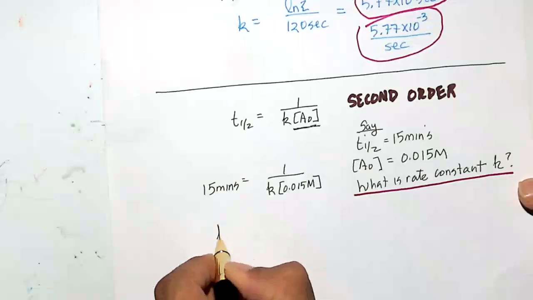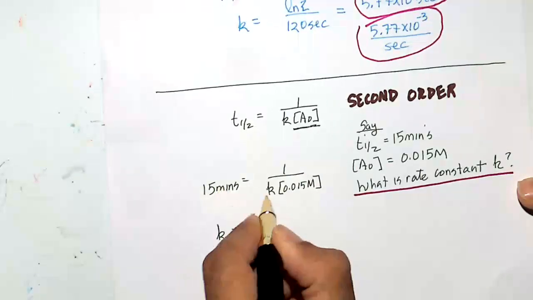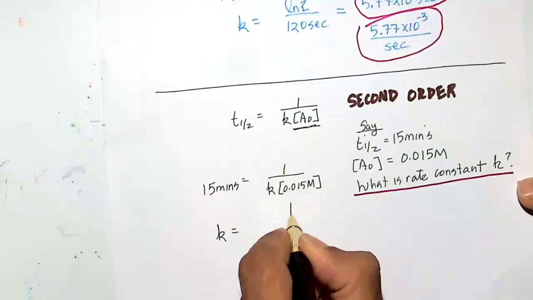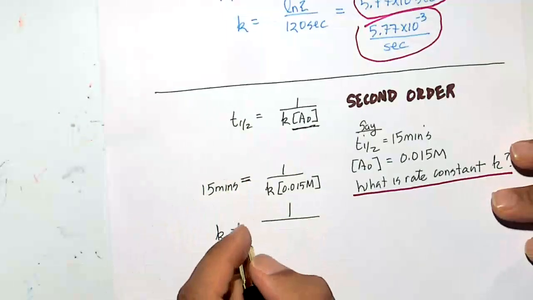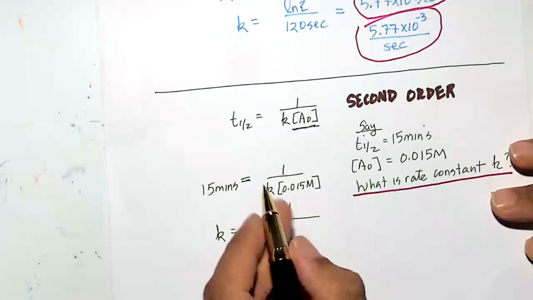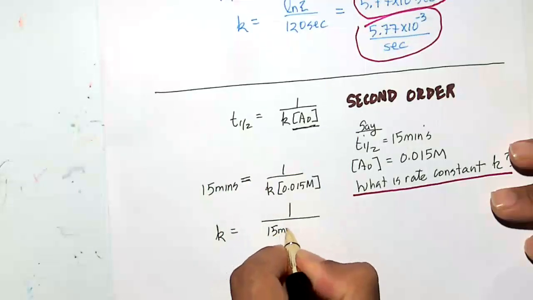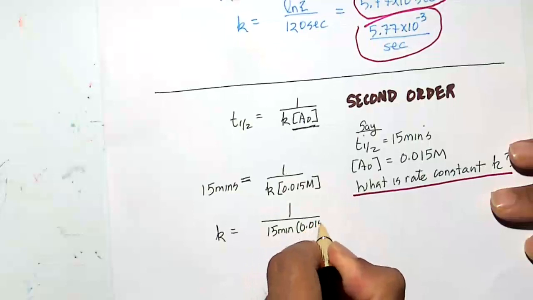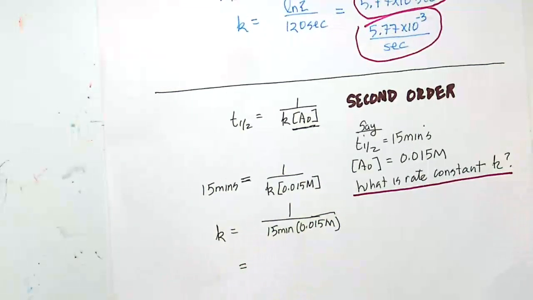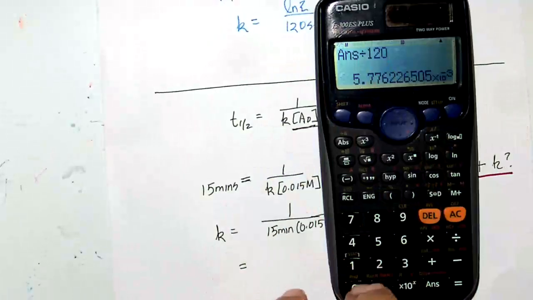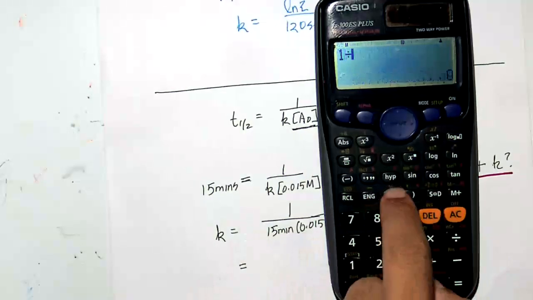Then we solve for k by taking the 15 and moving it down and putting the 15 up across this equation. And then we are getting 1 over 15 minutes times 0.015 molar. And this will be your answer.